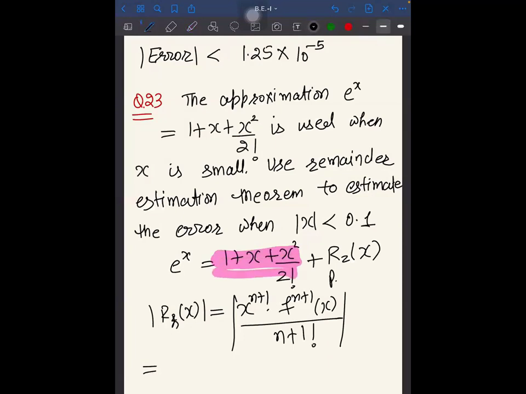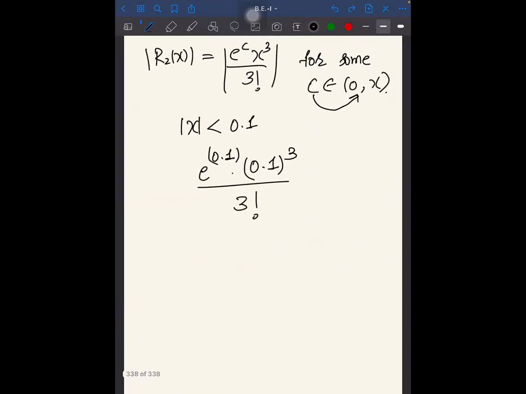You write the function as Pn(x) plus Rn(x), right? So what is your P2(x)? 1 plus x plus x square by 2 factorial, second order, right? So that is why the remainder would be R2(x). Got it? Okay, sir. Got it. Okay, so can you calculate this for me?